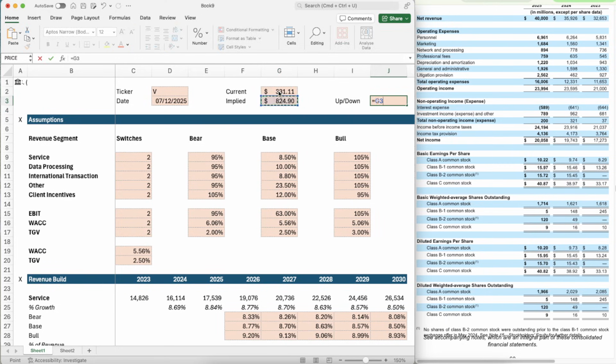The upside and downside, well, it obviously shows significant upside. Let's look at the different scenarios. Go to Ultra Bear: 582.